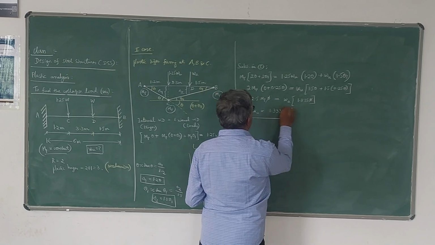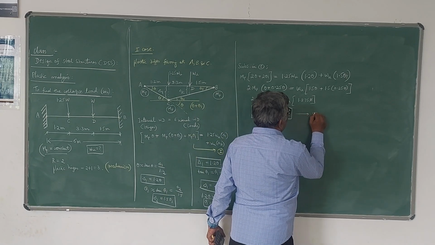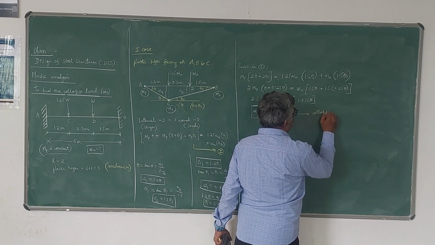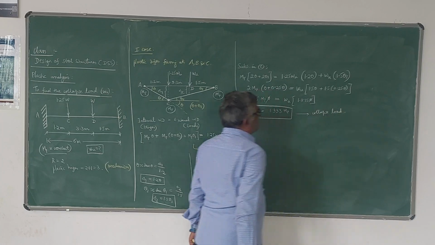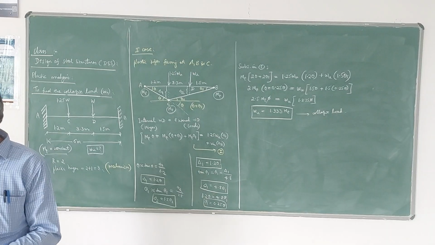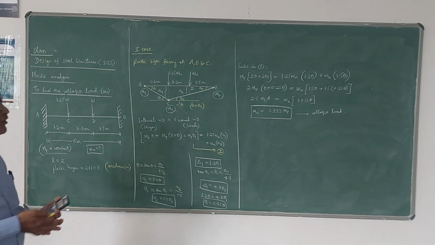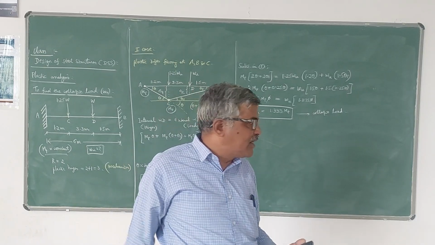This is what you get for the first case. So this is the collapse load when the plastic hinges form at A, B and C for the first case. Now in the second case also we have to find out the WU, and afterwards whichever is the lesser value, that we have to take as the final answer.